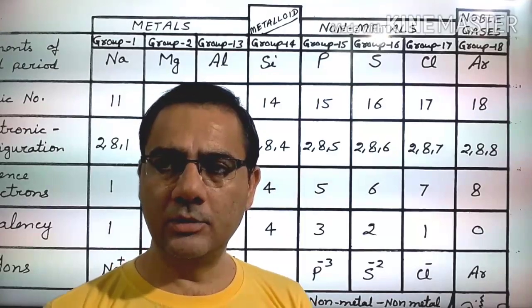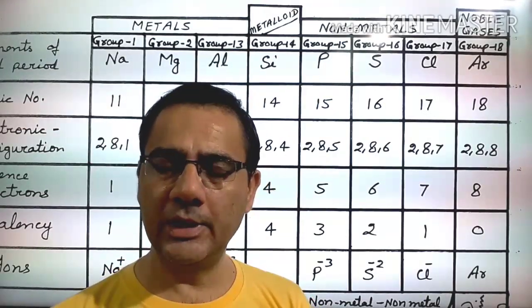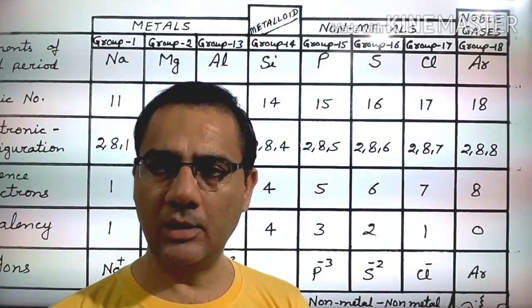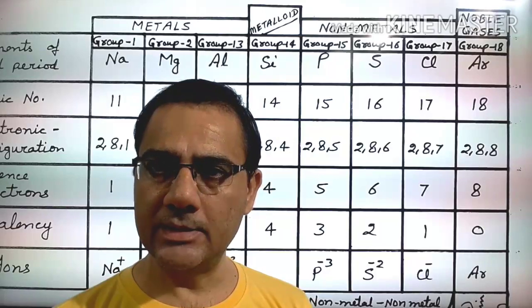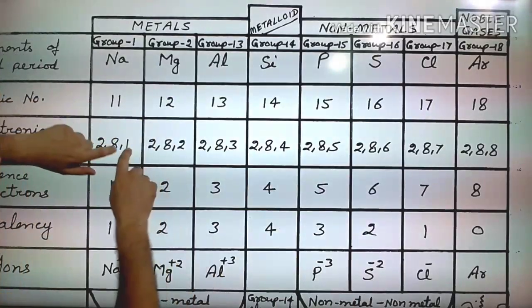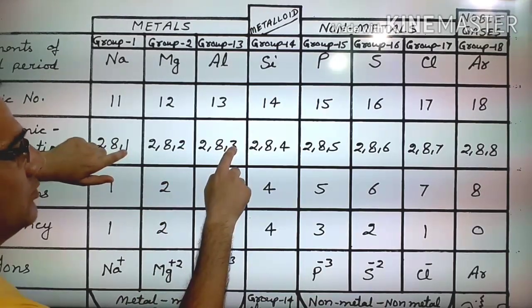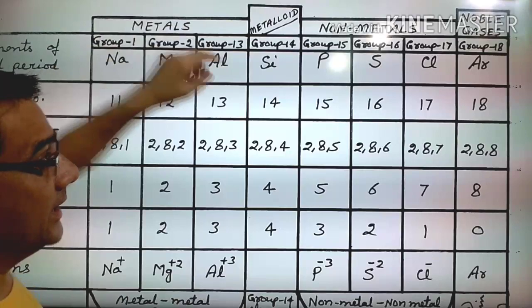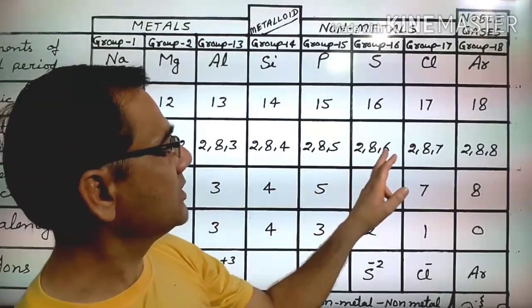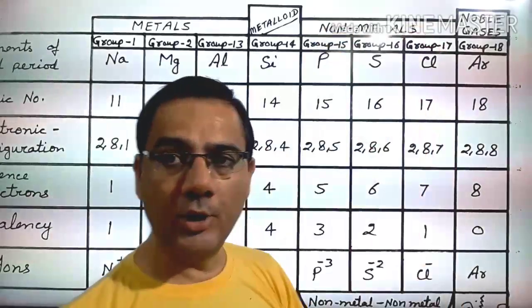Now one more thing, those elements which have 1, 2 or 3 electrons in the outermost shell or outermost orbit, these all elements are called metals. You see this atomic number 11, outermost electron 1, outermost electron 2, outermost electron 3. So these elements all are called metals. And these elements which have 5, 6 and 7 electrons in the outermost shell are called non-metals.